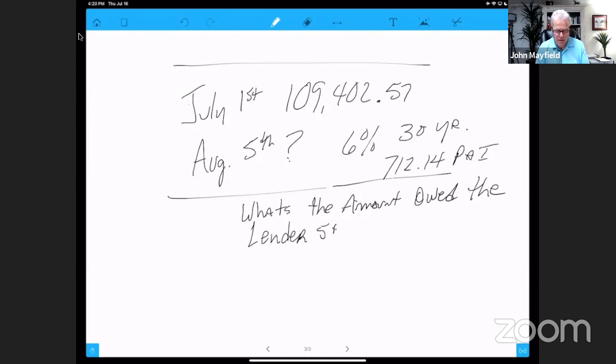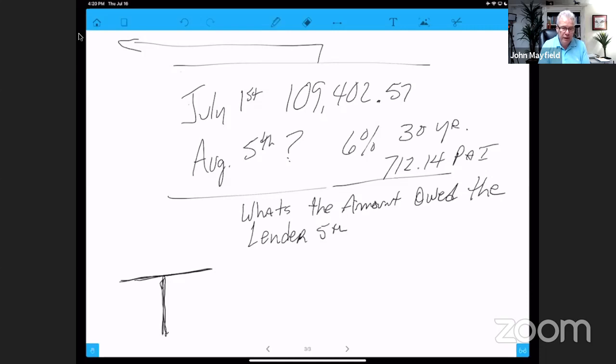Now, don't let this scare you, because it's just multiplying, adding, subtracting. So the first thing we're going to do, remember, interest is paid in arrears. So the first thing we want to do is work a T problem, and I'm going to draw this down here in the bottom. If you haven't watched the math video on my T problems, a lot of schools teach this.